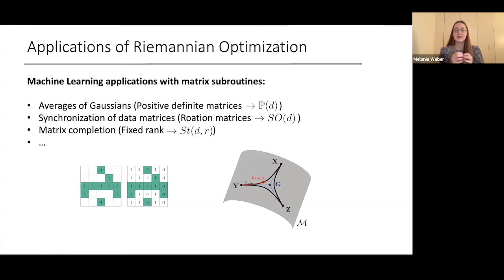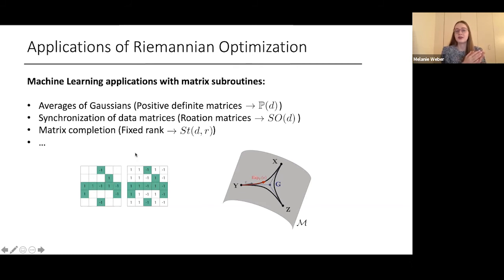So some concrete applications or subroutines that you could think of are, for instance, averaging problems. If you have a machine learning task where you want to average Gaussians, then the covariances of your Gaussians are positive definite matrices. So instead of working in your Euclidean metric space, you could work on the PSD manifold.